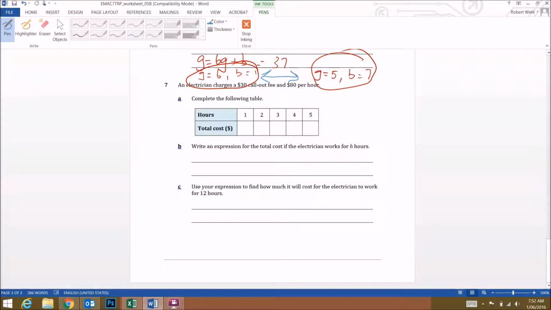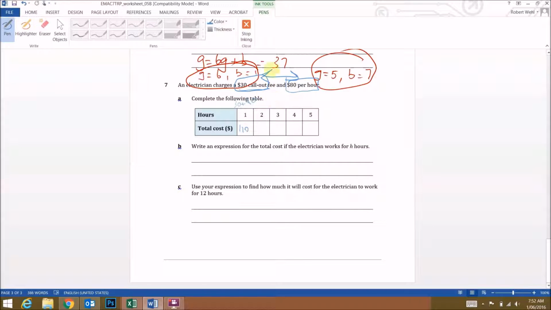An electrician charges a $30 call-out fee and $80 per hour. Complete the following table. So here's our cost. He charges $30 just to turn up, but you only have to pay that once, and then he charges you $80 per hour. For the first one, it's going to cost you $30 plus 80, which equals 110.